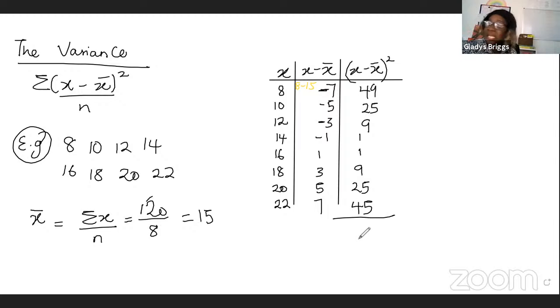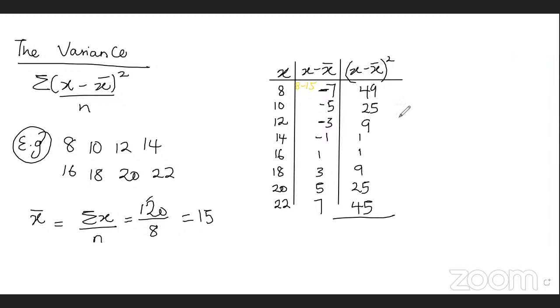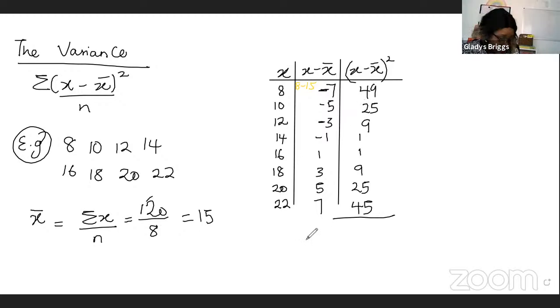Add them all up and let's get your answer. Okay. 164. Yeah, okay. 164. Well done, Abdullah.